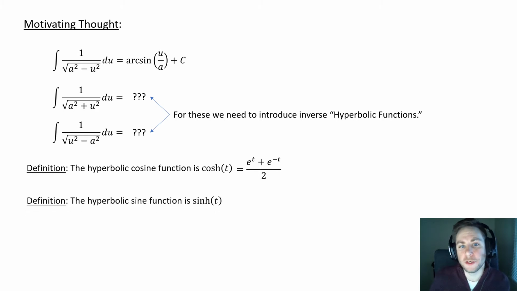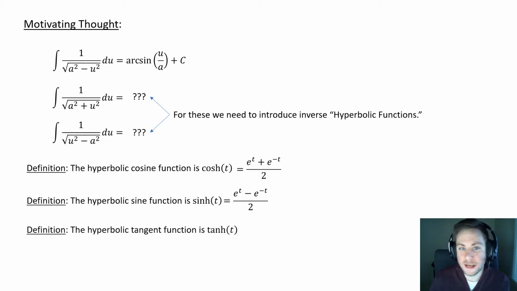Similarly, we have a hyperbolic sine function. I pronounce this one sinh of t, though others may pronounce it shine of t. And this function is identical to cosh of t, except that we subtract instead of adding in the numerator. There's also a hyperbolic tangent, which is usually pronounced tanch of t, and that's defined exactly how you would expect.